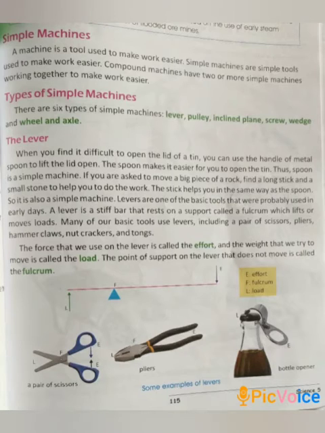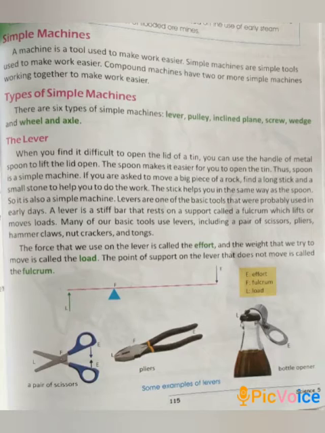Levers are one of the basic tools that were probably used in early days. A lever is a stiff bar that rests on a support called a fulcrum, which lifts or moves loads. Many of our basic tools use levers, including a pair of scissors, peelers, hammer claws, nut crackers, and tongs.